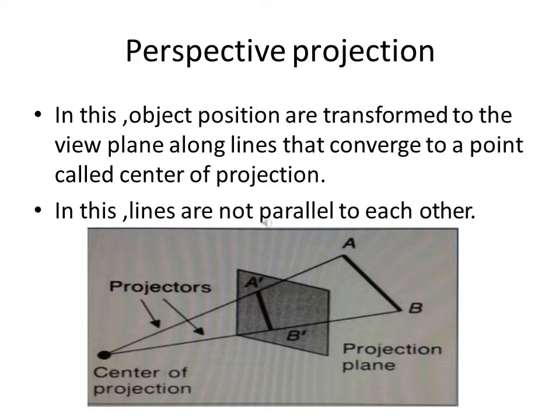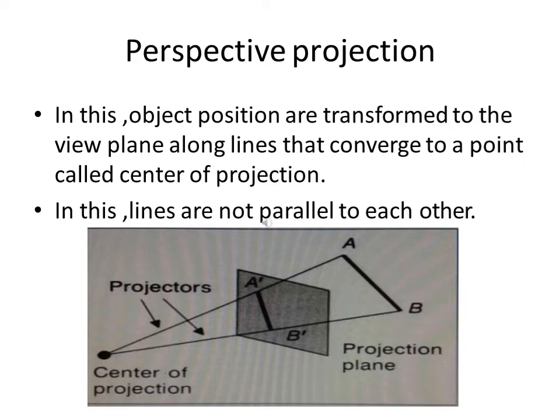In this, object positions are transformed to the view plane along lines that converge to a point called the center of projection. These lines are not parallel to each other. Here is the center of projection, and A and B are the points.